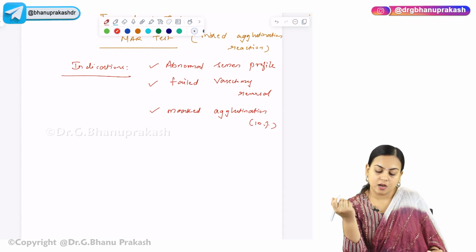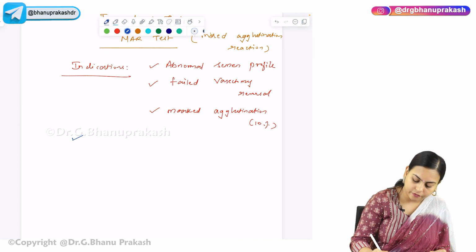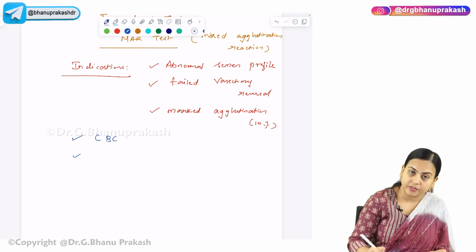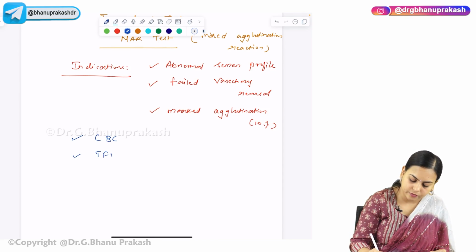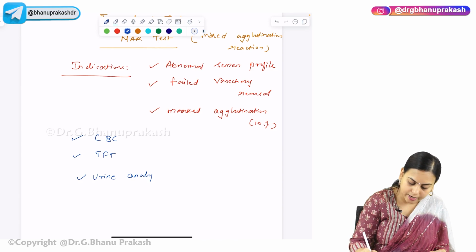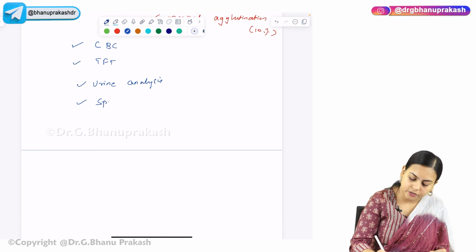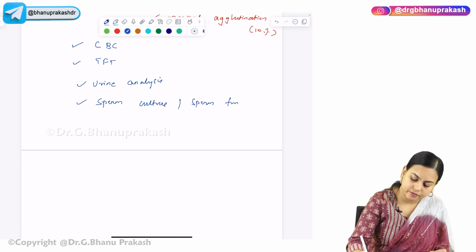So this is important. And then you have to check for CBC, if infection is present or not. You have to give your TFT, you have to do your urine analysis. If needed, you can even go for sperm culture or sperm function tests.